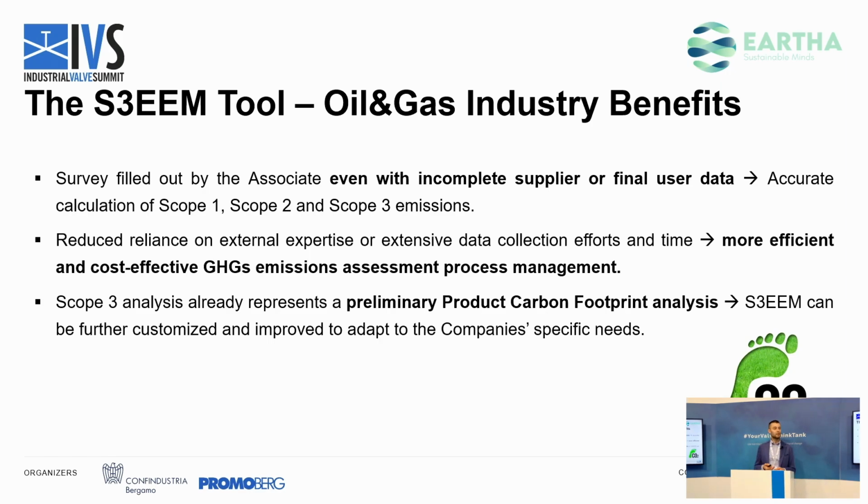This means to have the possibility to calculate scope 2 and scope 3 emissions in a very clear, transparent and accurate manner. There is reduced reliance on external expertise or extensive data collection effort and time, so this means to have a more efficient and cost-effective greenhouse gases emissions assessment, process management for the whole supply chain.